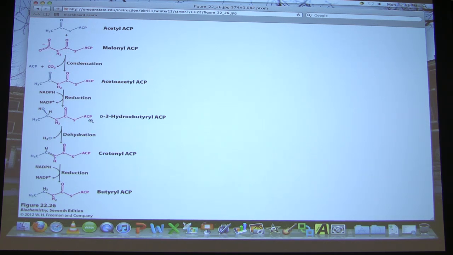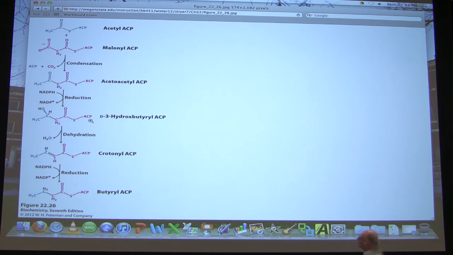The CO2 that comes off is this guy right here on the end. There's your CO2. The 2 carbons of the acetyl ACP go on to the end. So the attachment of this piece to this involves the loss of carbon dioxide. Okay, that's a condensation reaction that's occurring.